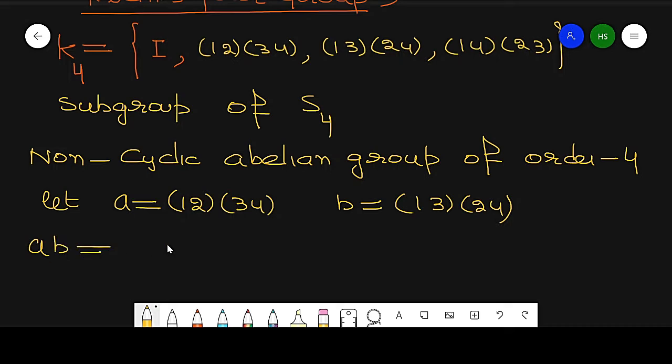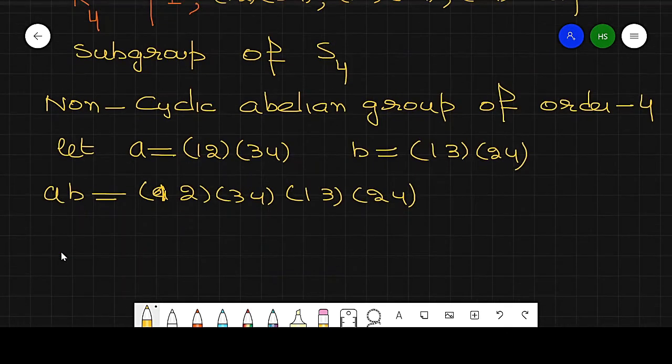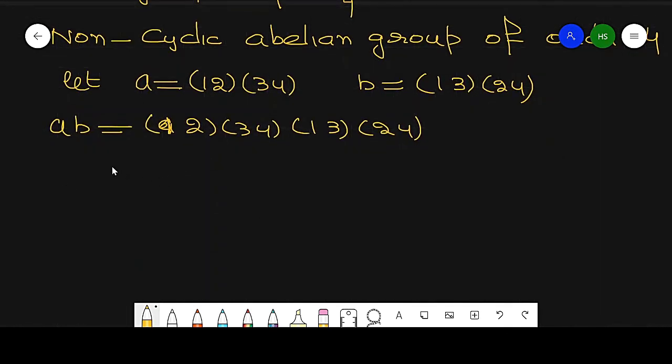Because it is closed under multiplication, write these values. Now we start the product from the right-hand side.